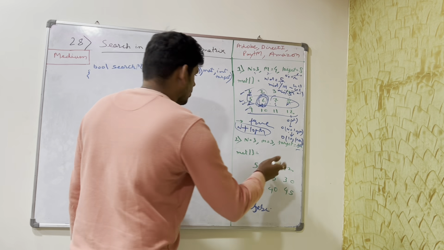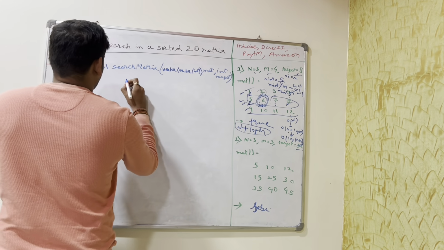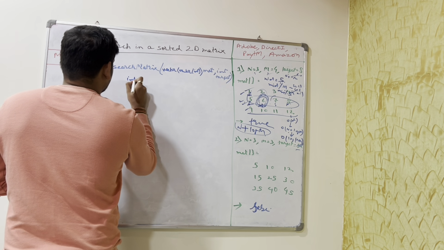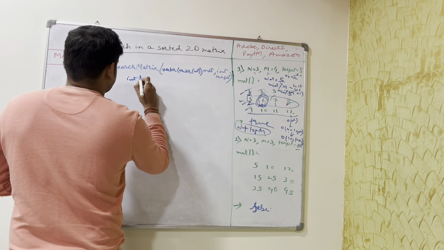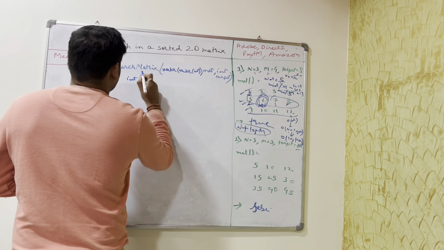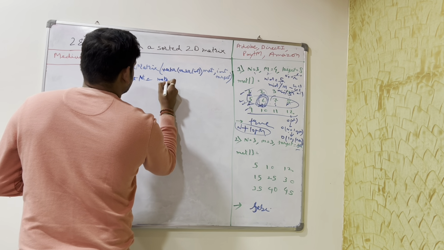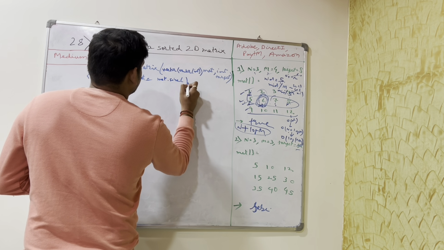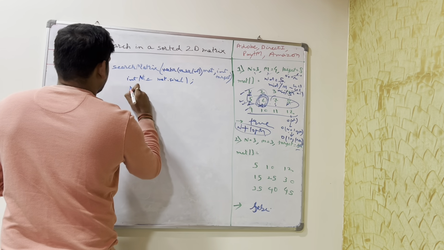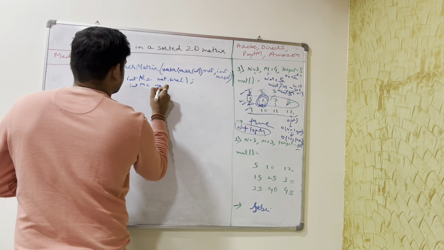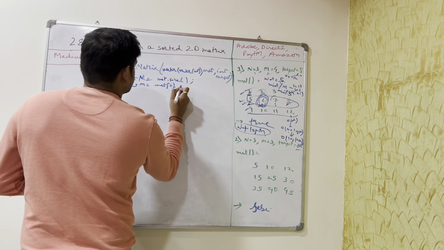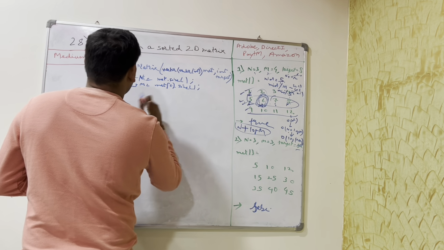So let's code it. First we have to find int n, which would be matrix dot size, that means the number of rows, and int m would be matrix 0 dot size.